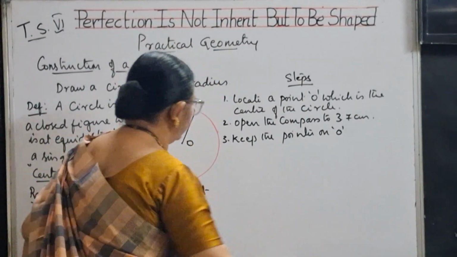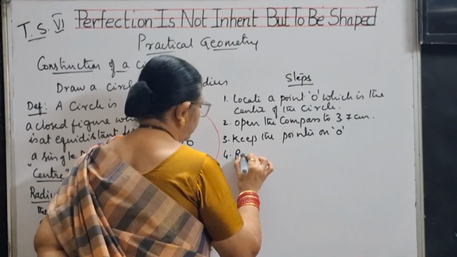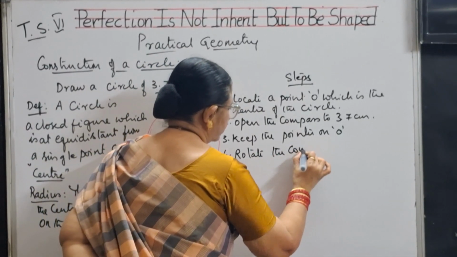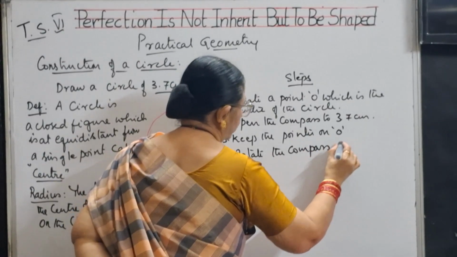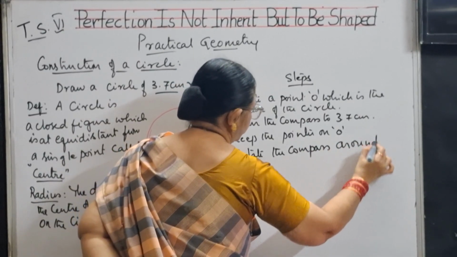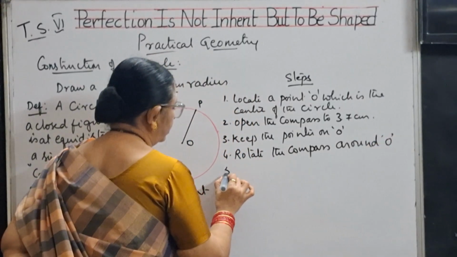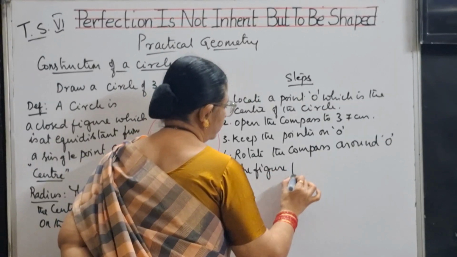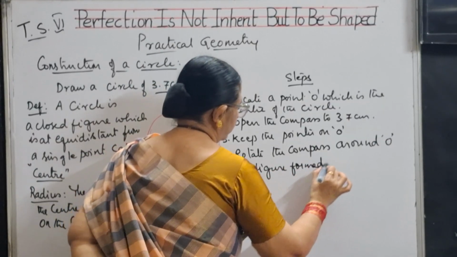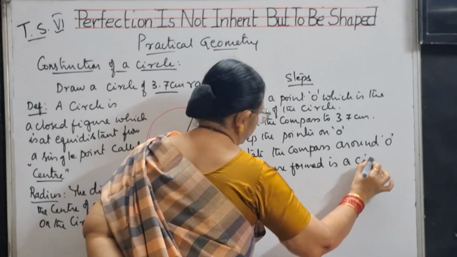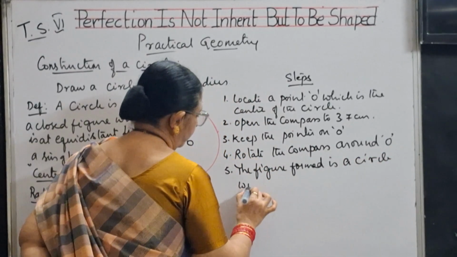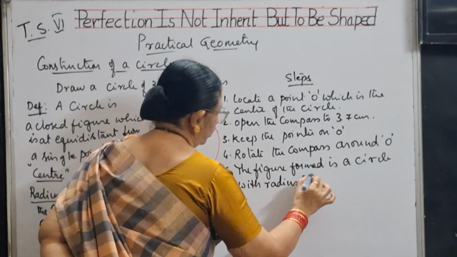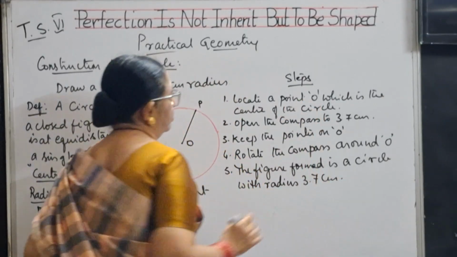So next point, rotate the compass around O. When you rotate it around O, the figure formed is a circle with radius 3.7 centimeters.